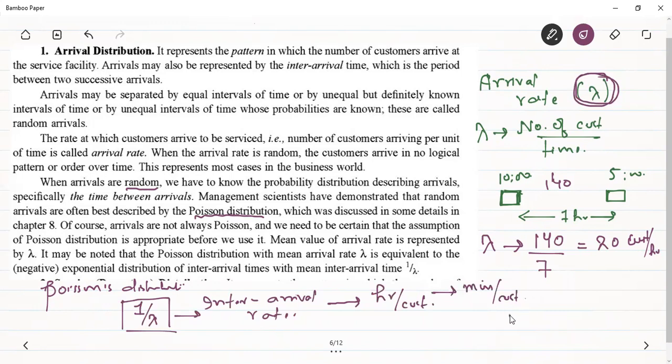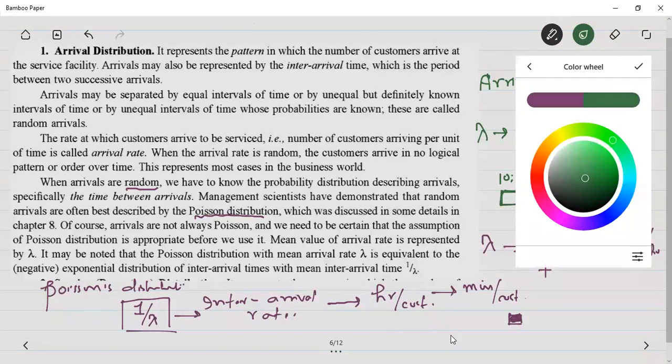Suppose यहाँ पे कोई ऑब्जर्व करा है। Okay, I will give you an explanation of the inter arrival rate.